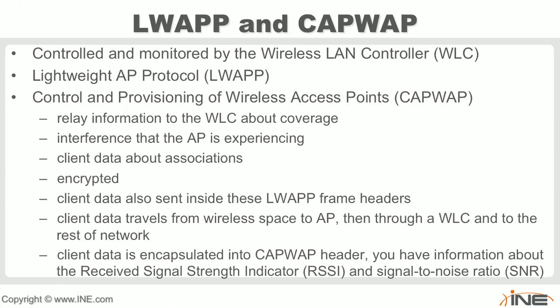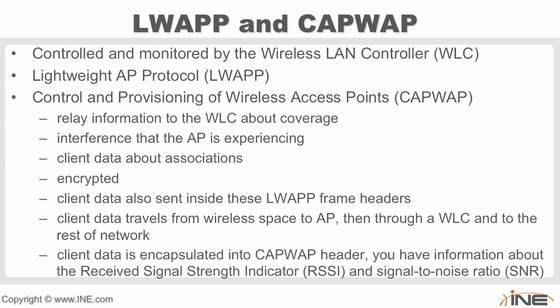All the client data is also sent inside these LWAP or CAPWAP frame headers, LWAP being the older standard, CAPWAP being the newer standard. The client data travels from the wireless space to the AP and then, encrypted in a tunnel called DTLS, through the AP to the wireless LAN controller and then out to the rest of the network.